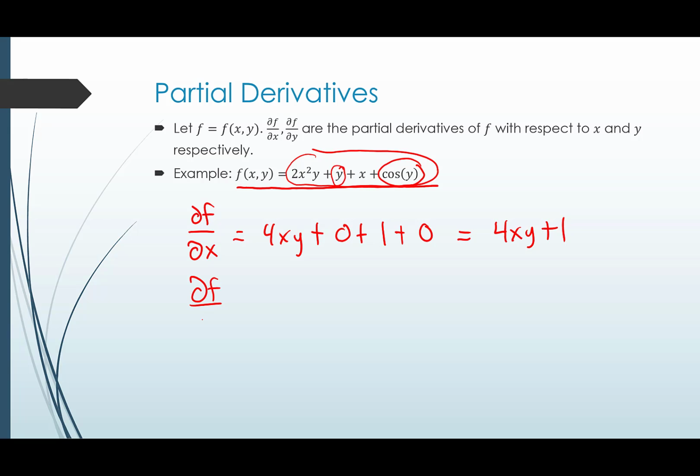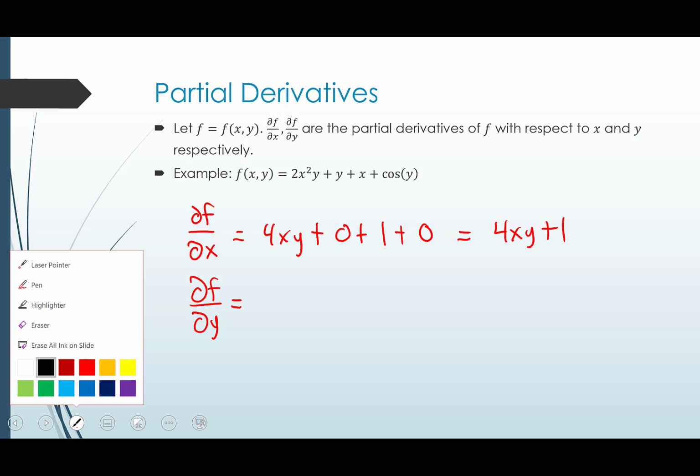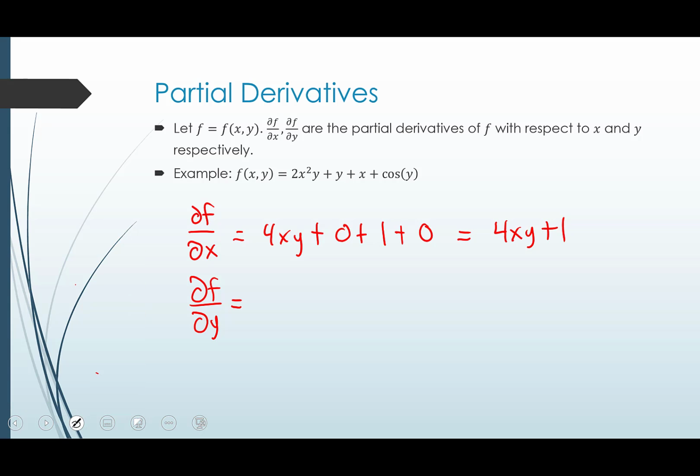The partial of f with respect to y is the same idea, except now we shift our attention to y. We take the derivative of this expression with respect to y and treat x like a constant. So we get 2x squared, because 2 times x squared is a constant, plus 1 plus 0, plus the derivative of cosine, which is minus sine.